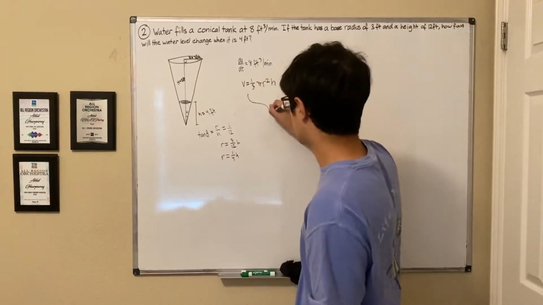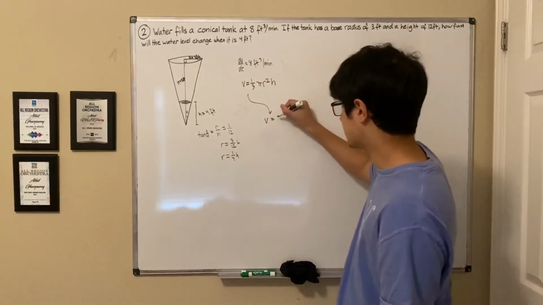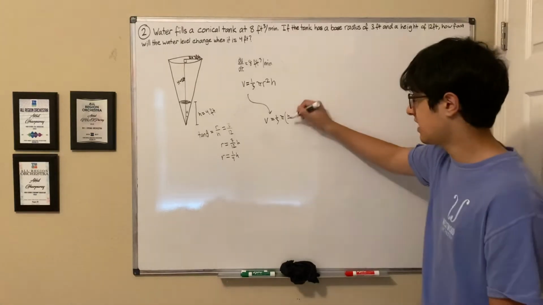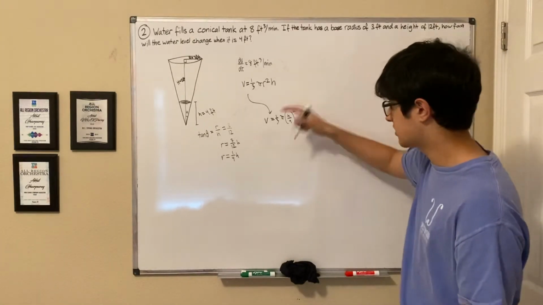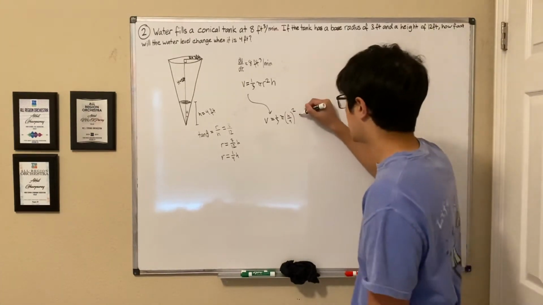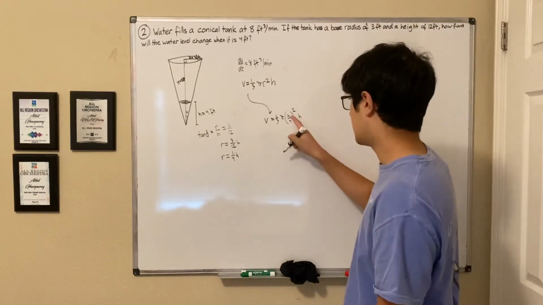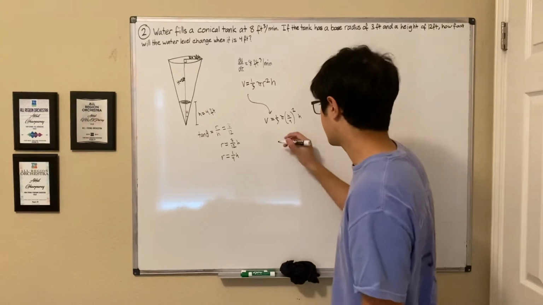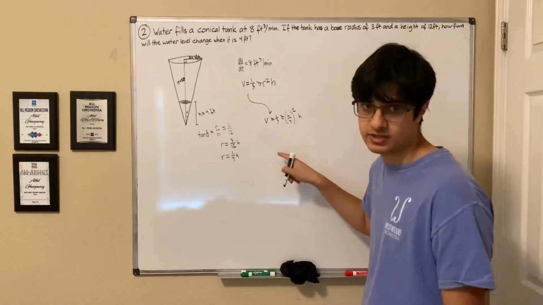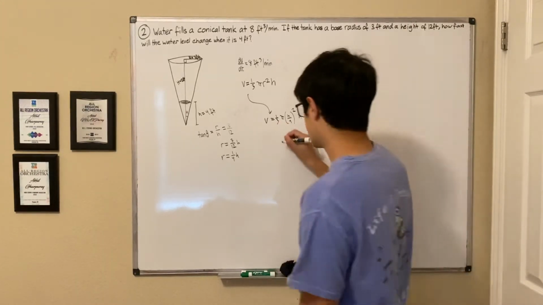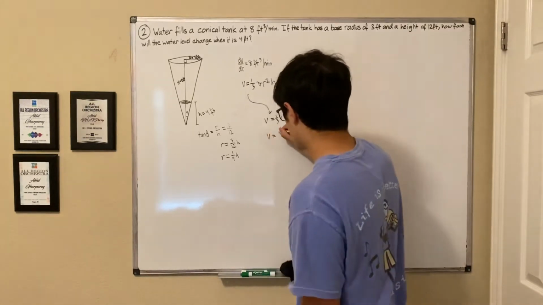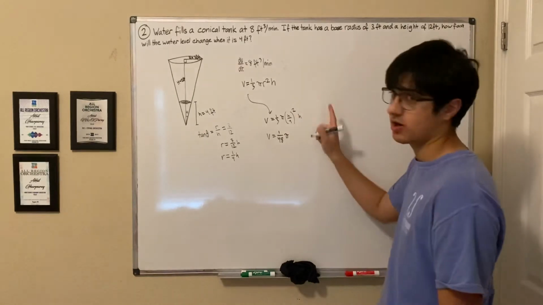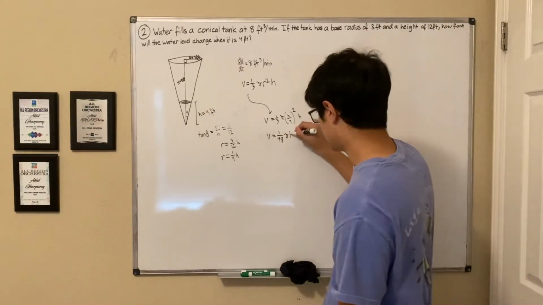By doing so, we get that volume is equal to 1/3 pi times h over 4, because that's the same thing as 1/4 h, squared times height. H over 4 all squared is h squared over 16. Multiplying everything out, we get 1/3 times 1 over 16, which is 1/48. So, volume is 1/48 times pi times h squared times h, but that's just h cubed.